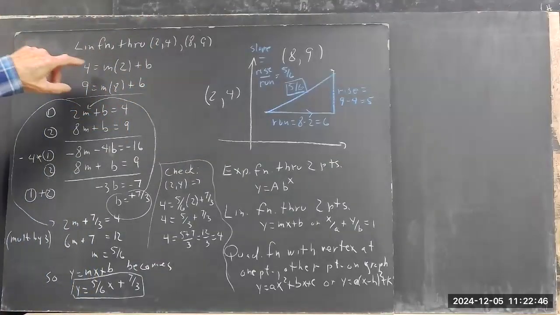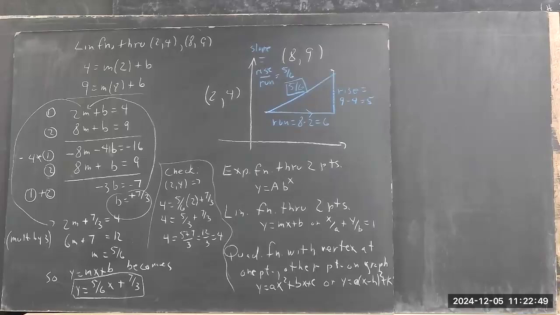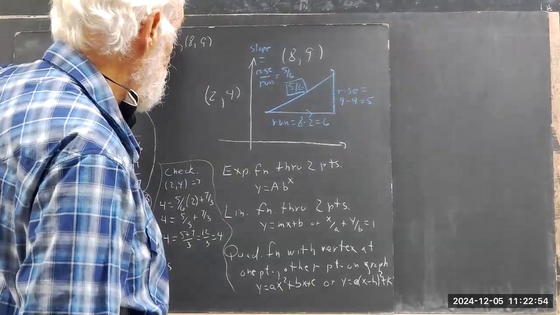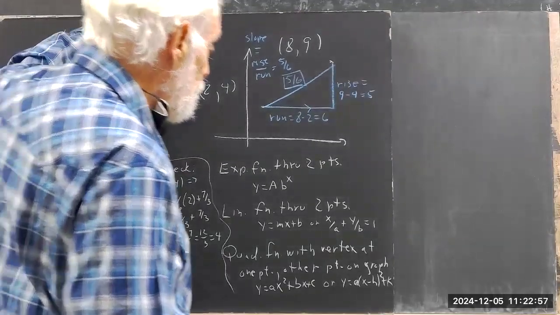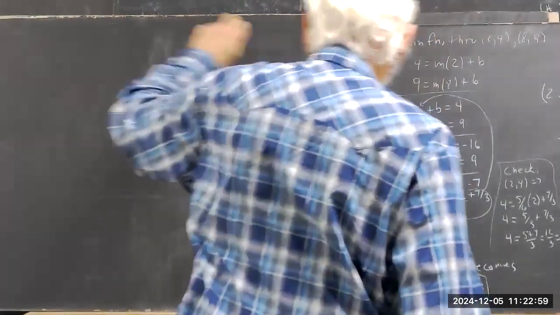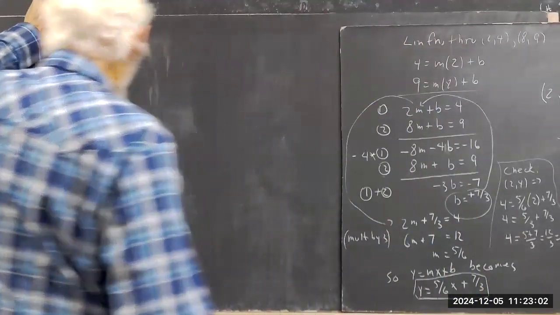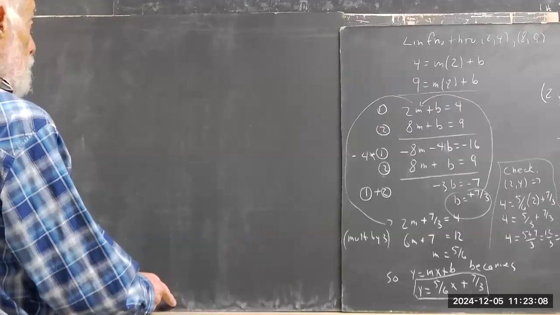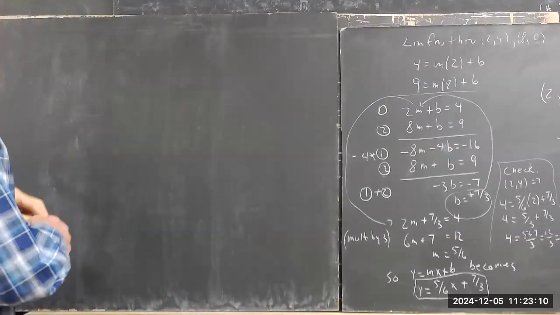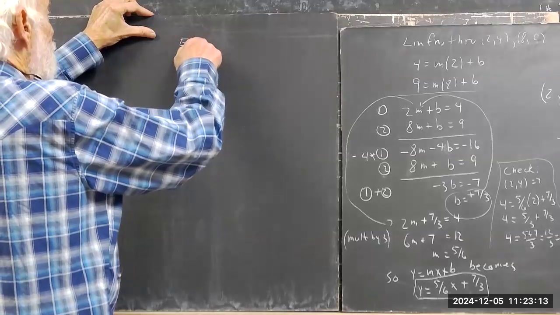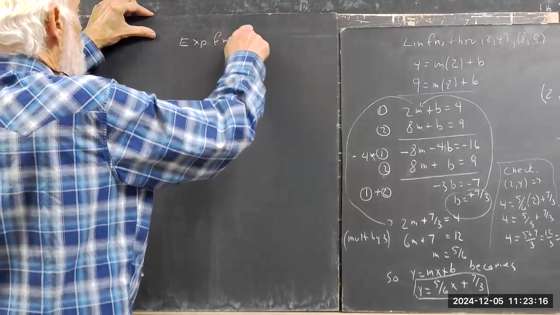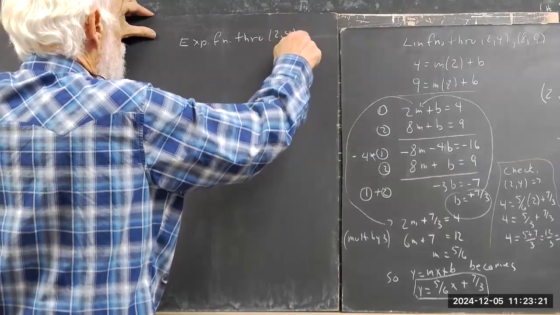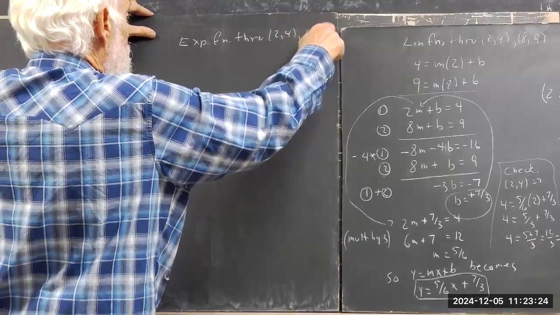Okay, so we want to find an exponential function through these 2 points, 2, 4, and 8, 9.